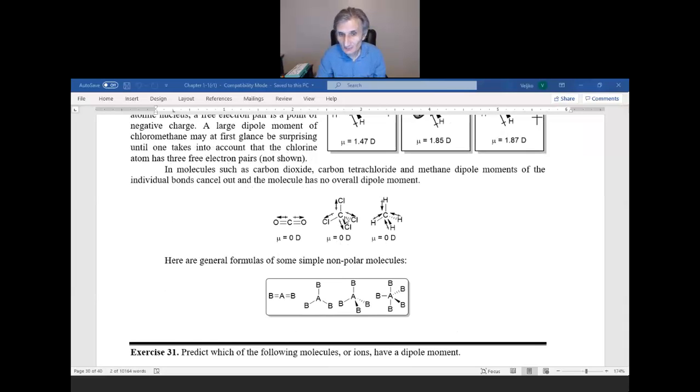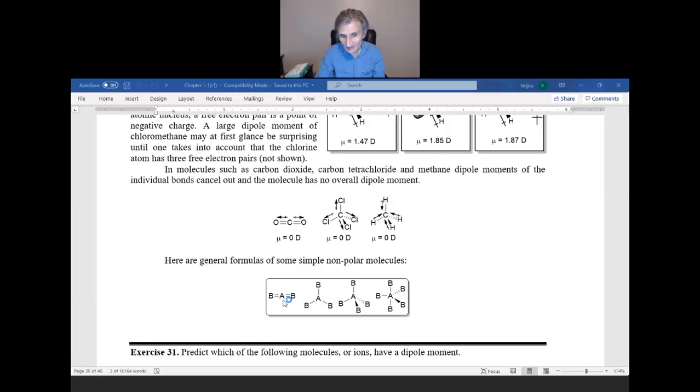So if the molecule is tetrahedral, if all four substituents are identical, then there is no dipole moment, because even though individual bonds are polar, it doesn't matter which way they are polarized, away from carbon or towards carbon. The individual dipole moments cancel out, and the overall molecule is nonpolar. Or a linear molecule, two bonds point in opposite directions, again nonpolar.